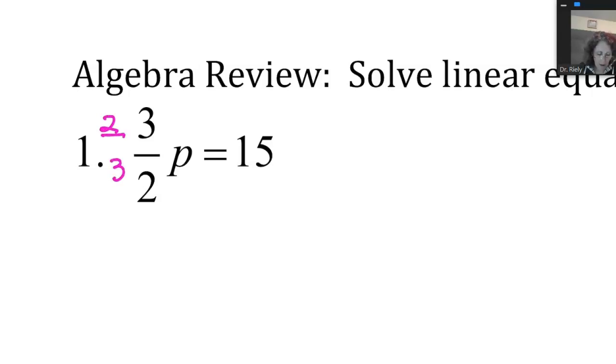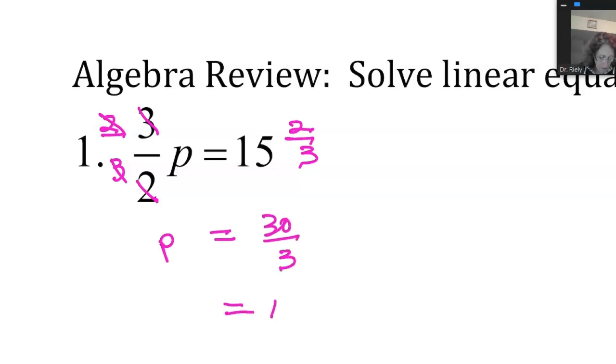I just flip that fraction over. Do the same thing over here. When I multiply by 2/3, I get rid of the 3's and the 2's on the diagonal. I'm left with P. And 15 times 2 is 30 over 3, which equals 10. So 10 is my answer.